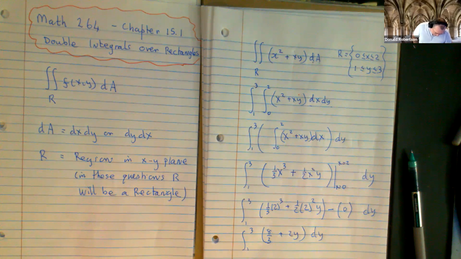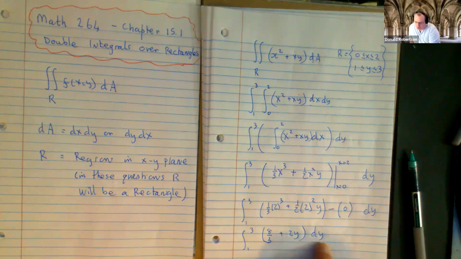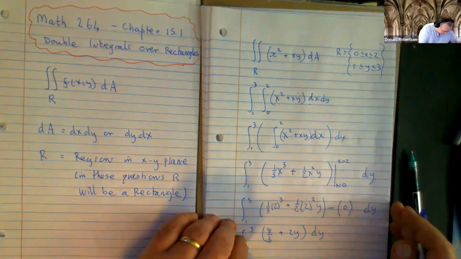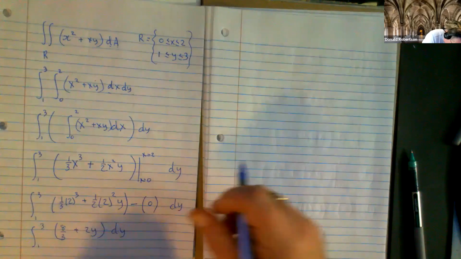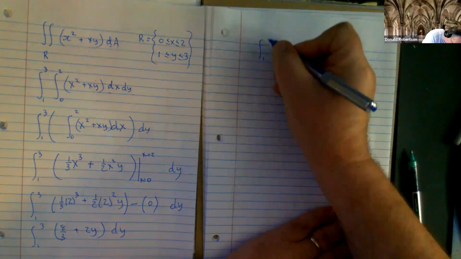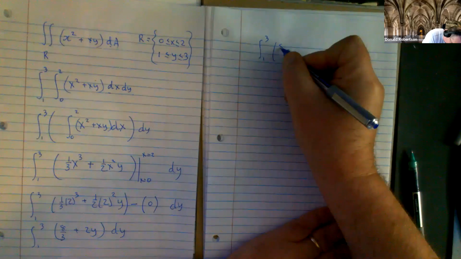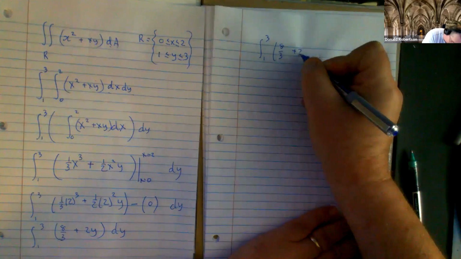Okay, now isn't that also just a normal calc 2 integral? So I'll do it over here. So we've got the integral from 1 to 3 of 8/3 plus 2y dy.